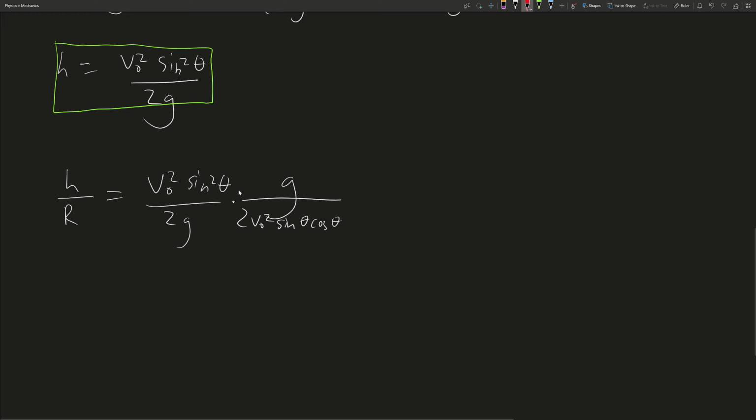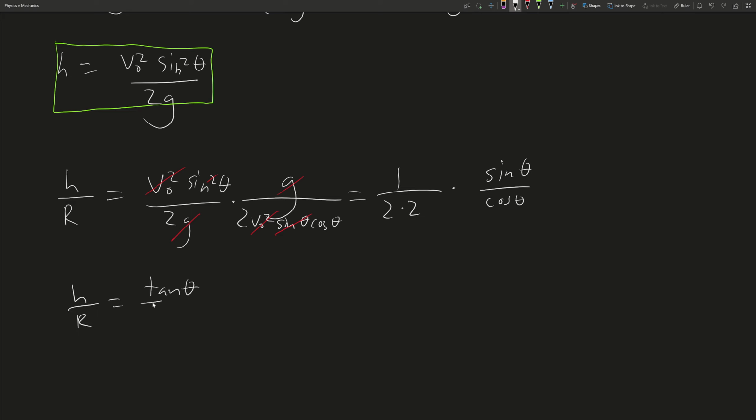Now, a lot of terms cancel out here. So the g's cancel, v0 squared cancels, and one sine theta cancels. So we are left with 1 over 2 times 2 times sine theta over cosine theta. And from this, you can see that the height divided by the range is equal to tangent theta divided by 4.